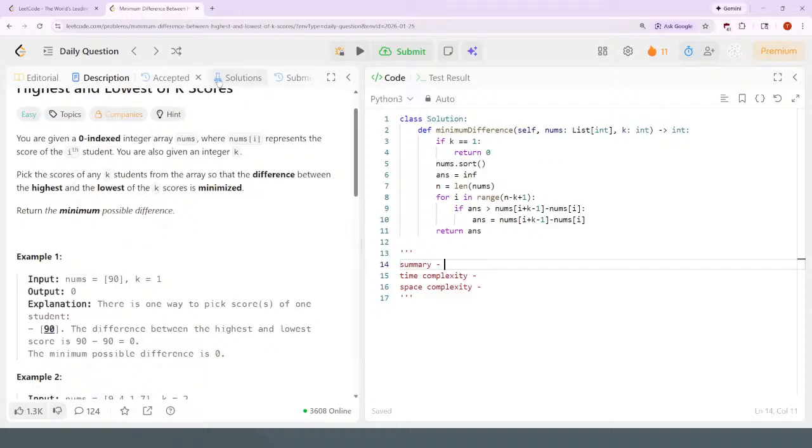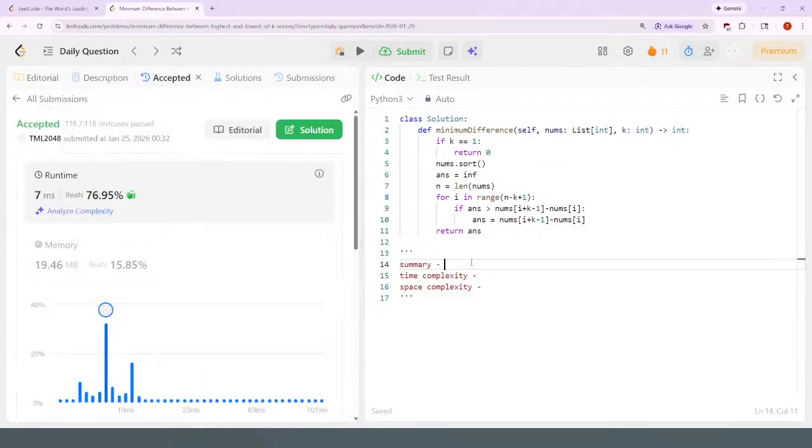Summary. So, let's say the logic for picking the k students to minimize the differences in scores would always imply... it's not imply.